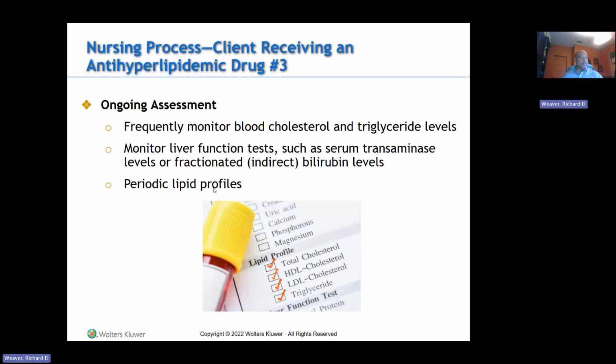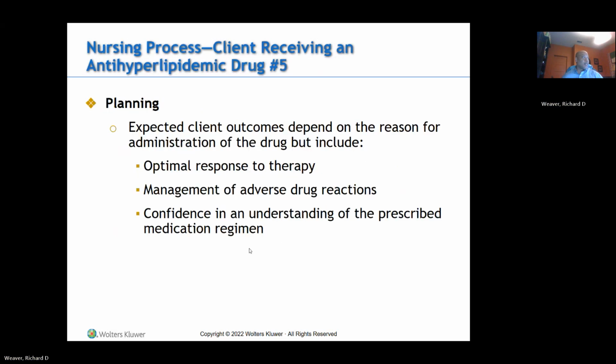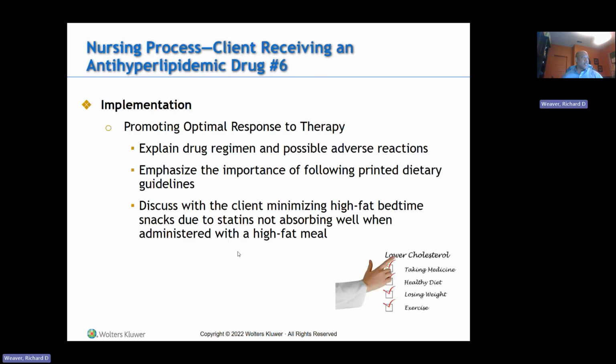Periodic lipid profiles are also good to know, because we want to know if the medications are actually lowering the cholesterol. These are our nursing diagnoses: constipation, malabsorption, altered skin integrity, nausea related to antilipidemic drugs, and also injury related to dizziness. All right, so take a look at that.